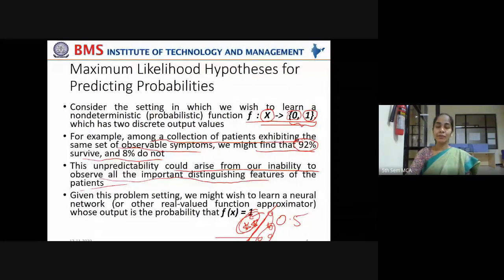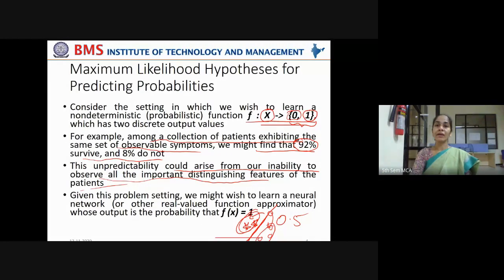Say, if we take the COVID patient symptoms, there may be some symptoms which are associated to their genetic properties or genetic features, which can't be studied in depth and which might not have been noticed by the scientists, but still play some important role in their survival with the disease. In such cases, we can say that there are some features which are actually unobservable or which may lead to unpredictability of the disease in some cases.